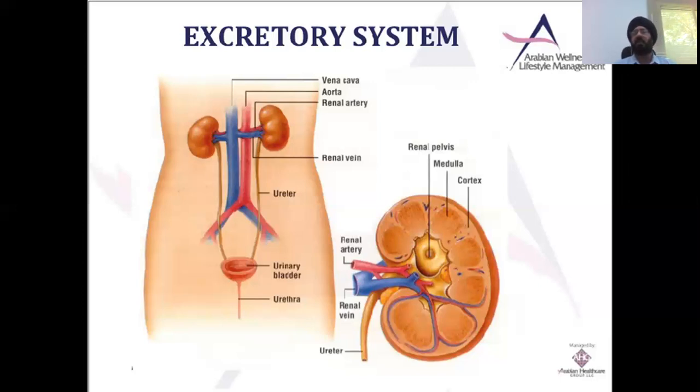Once the storage is full, the urinary bladder gives a signal for micturition, and the sphincter in the bladder initiates to release the urine out through the urethra.